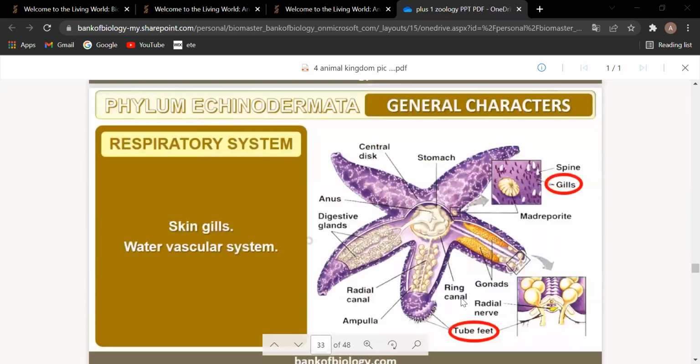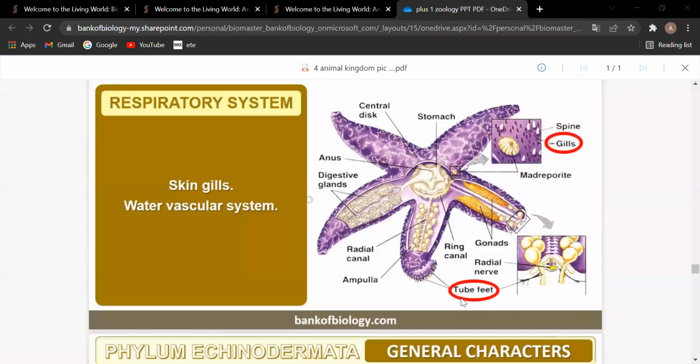For the respiratory system, skin gills means the gills are present on the skin. And they have something called the water vascular system. This is a very important and characteristic feature of the echinoderms. I'll explain it to you all.